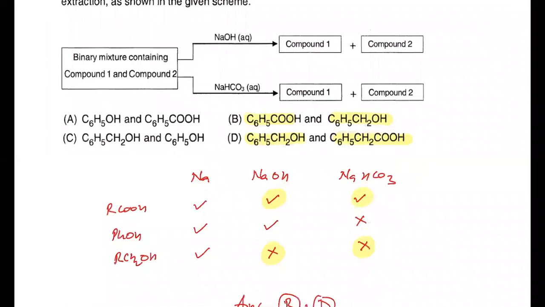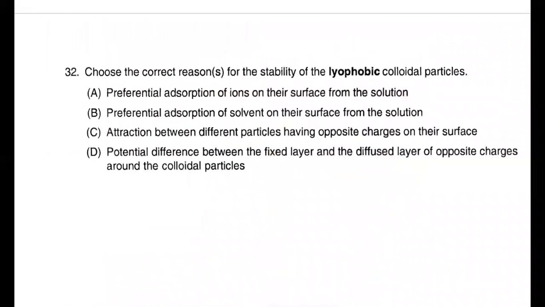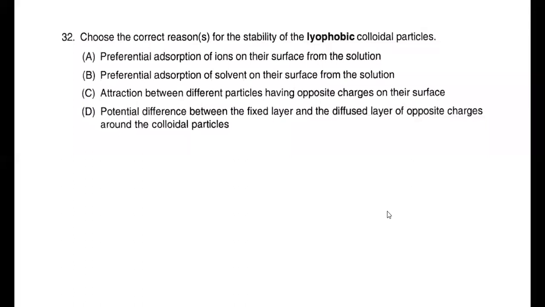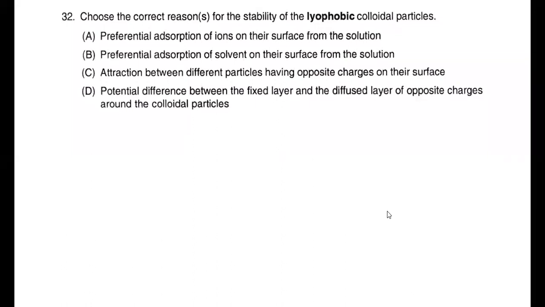Now question number 32. For the stability of lyophobic colloidal particles. Now in the 32nd question, you will choose the correct reason for the stability of lyophobic colloidal particles. The stability of lyophobic colloidal particles is achieved by 2-3 processes.